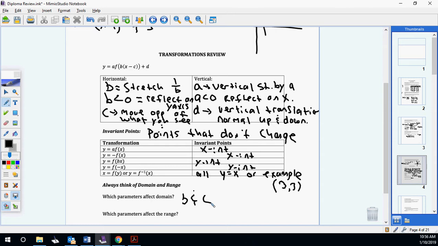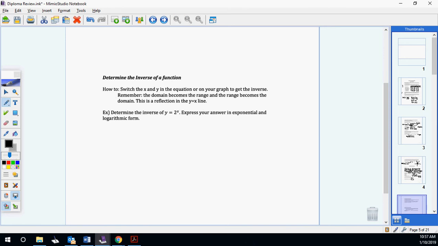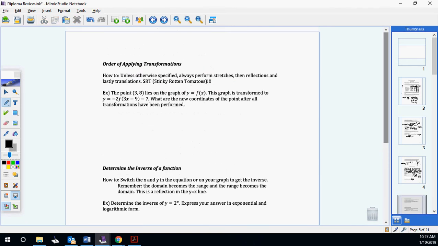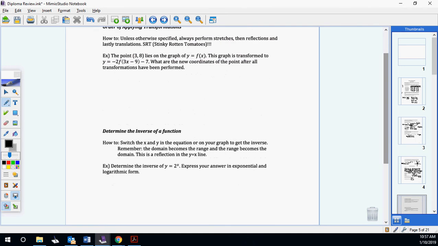What parameters affect your range? A and D. That makes sense: domain is x, horizontal; range is y, vertical. We'll just finish up transformations today, and you guys will do logs tomorrow.